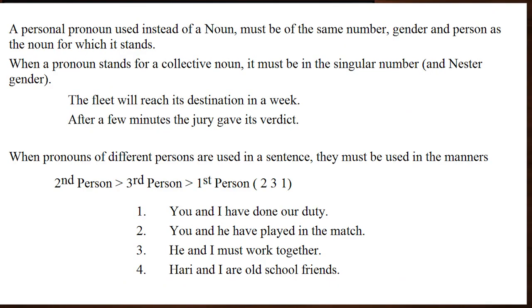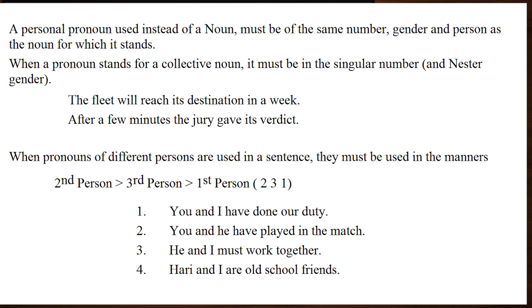You and he have played the match. In this sentence, you is the second person pronoun and he is the third person pronoun. Hari and I are old school friends.